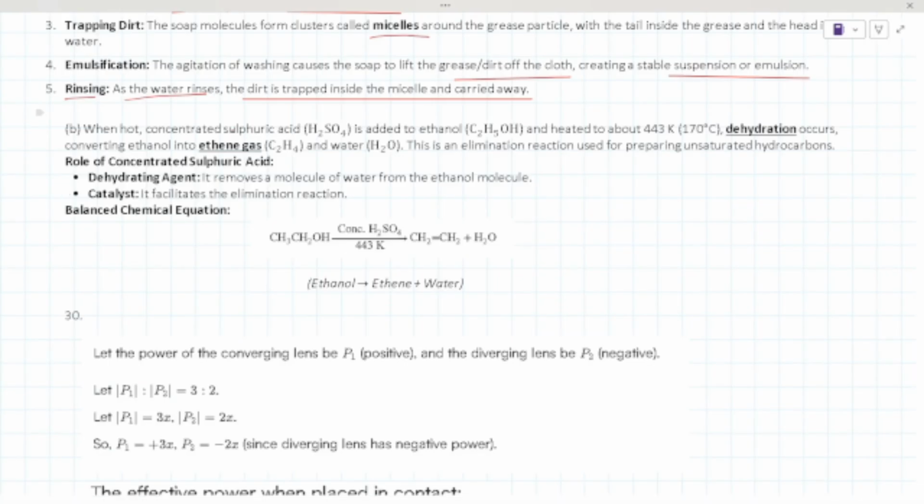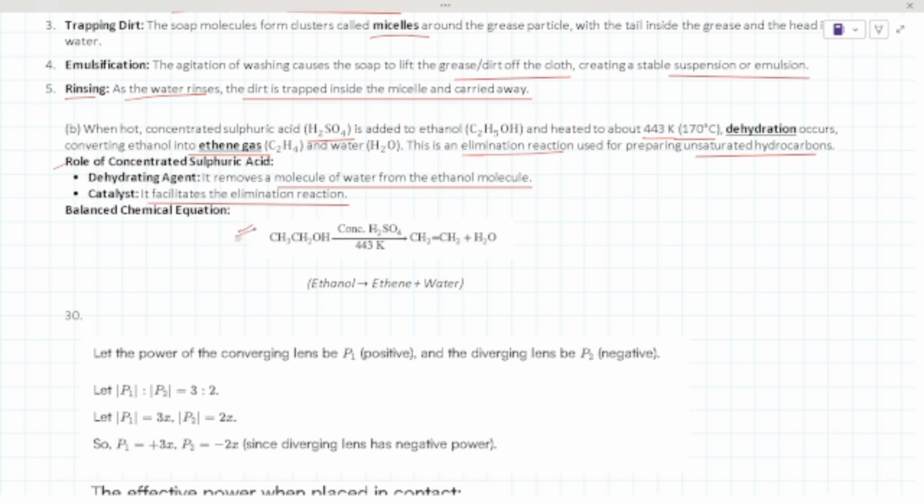When hot, concentrated sulfuric acid, H2SO4, is added to ethanol and heated to about 170 degrees Celsius or 443 Kelvin, dehydration occurs, converting it to ethene gas and water. This is a reaction used for the preparation of unsaturated hydrocarbons. The role of the concentrated acid is dehydrating, removing a molecule of water from the ethanol molecule. It facilitates the elimination reaction.